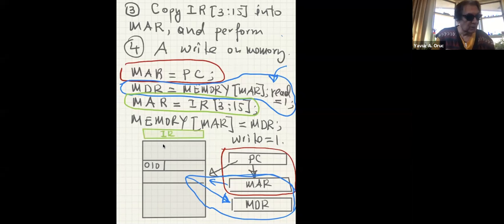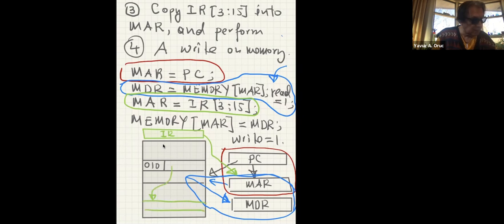IR goes into MAR. I take this IR and put it into MAR. And once I do that, I go back to the opposite process, where the direction of the computation will switch gears, and wherever that address is will point to somewhere here, maybe like here.